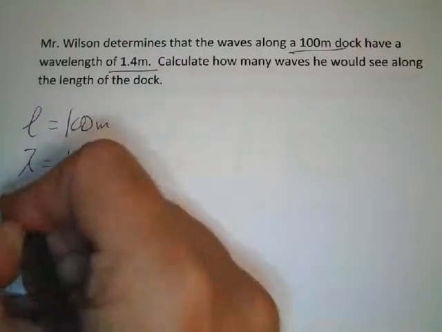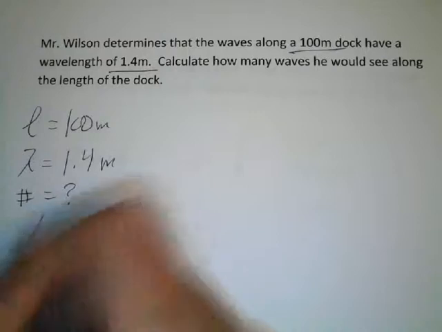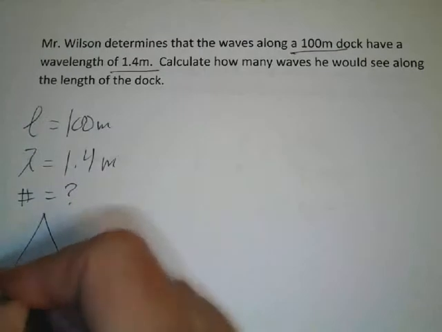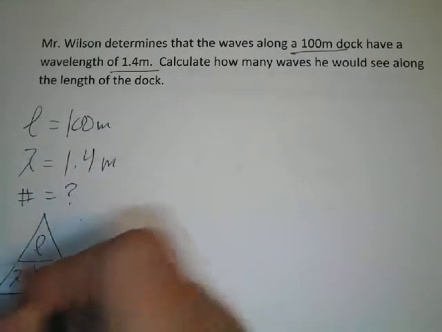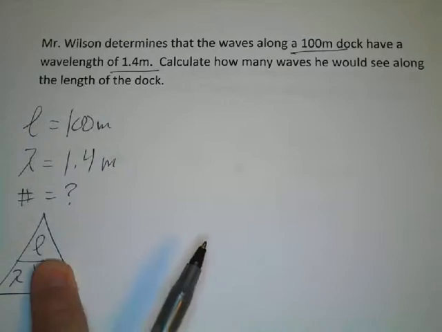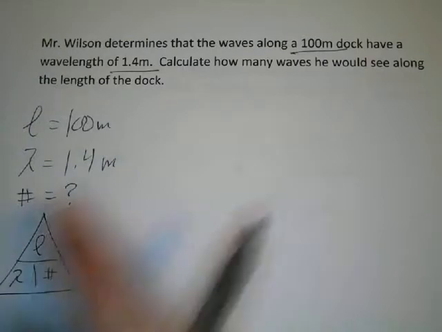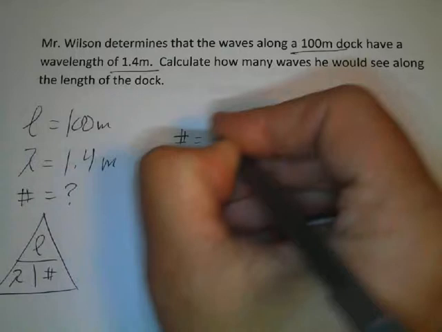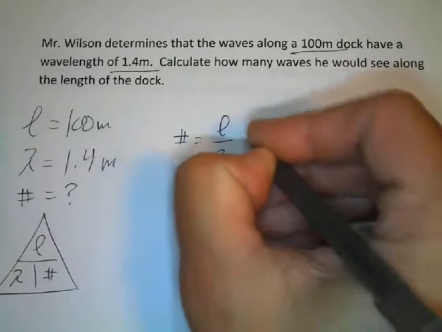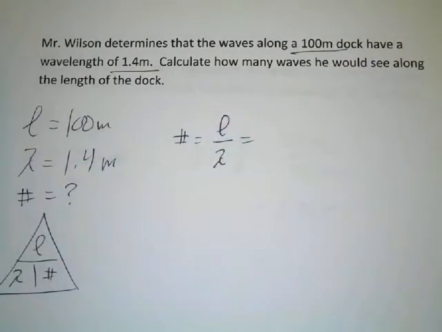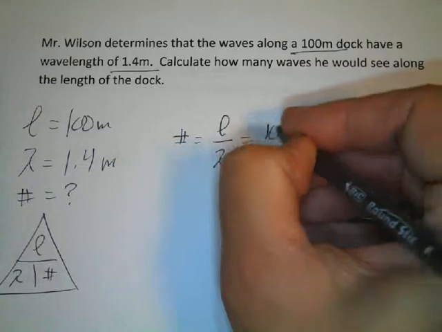So again, based on my triangle, according to this, in order to find the number of waves, I need to have length divided by the wavelength. Alright, so plug in my numbers. I got 100 meters here, I got 1.4 meters here.